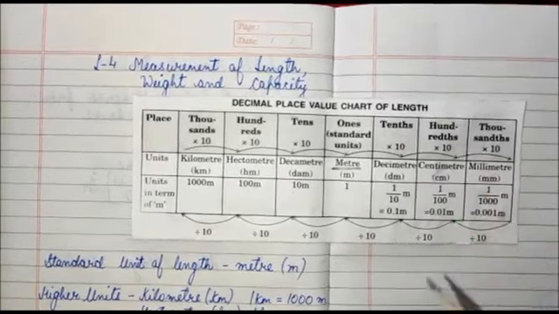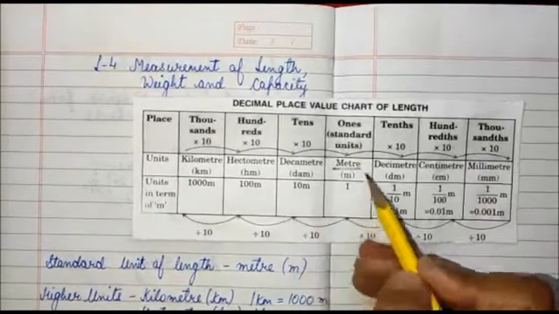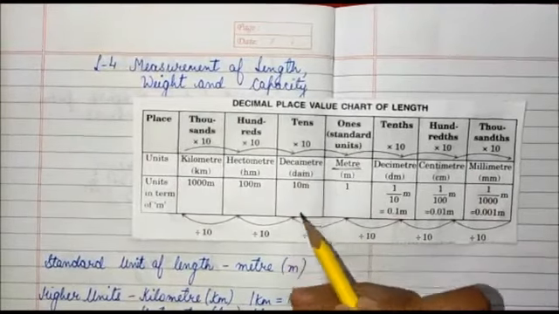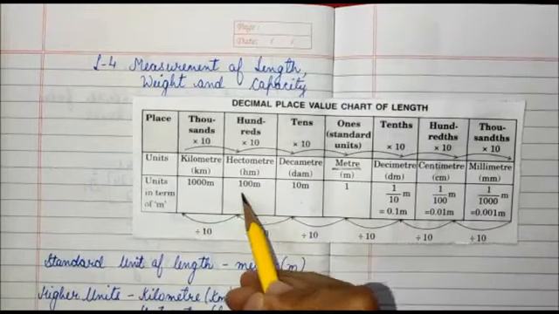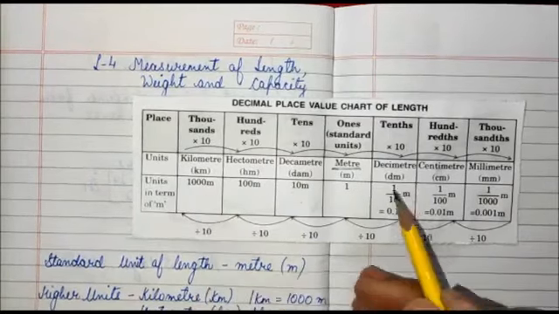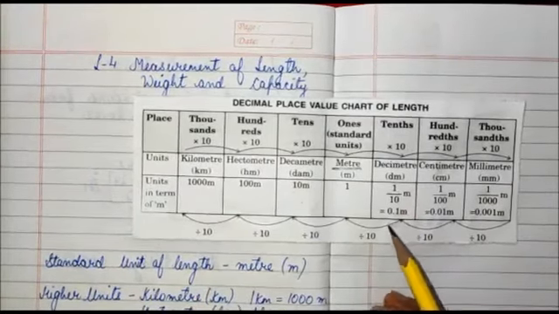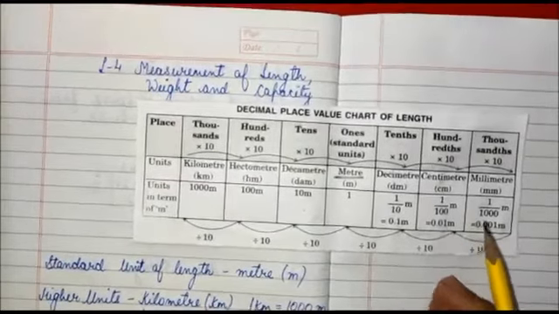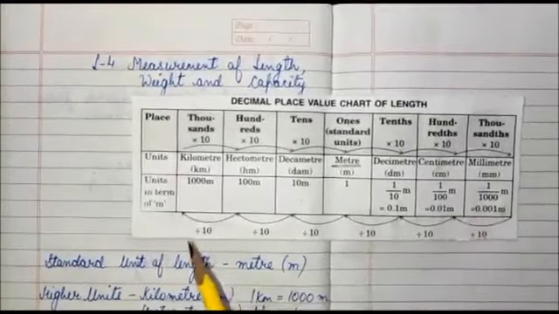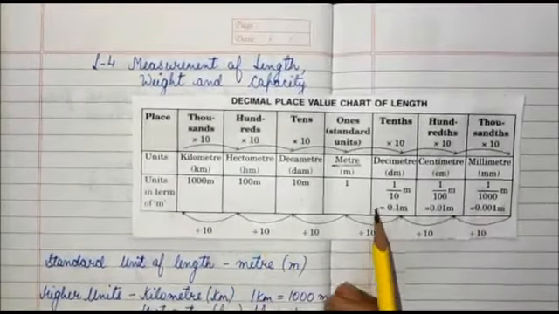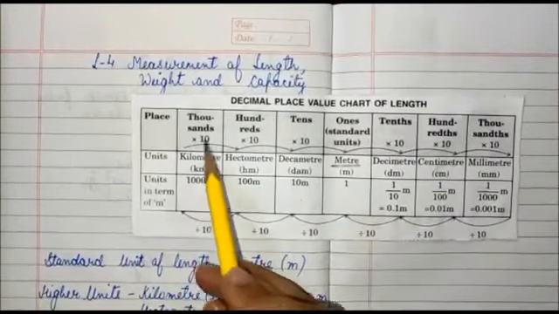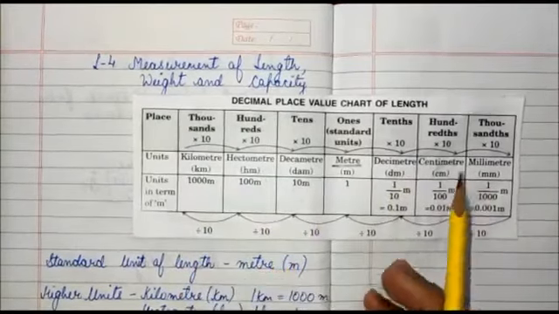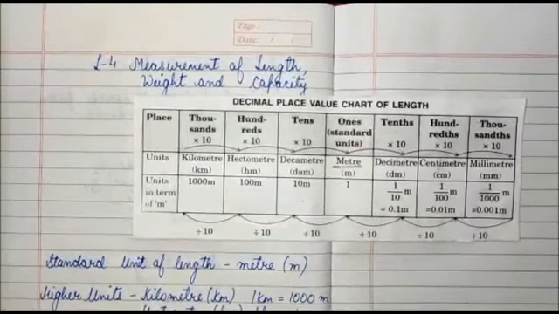So this way you can remember their values. Standard unit in the center, this is 10 meters, this is 100 meters, and this is 1000 meters. However, on the right hand side, it's tenths, hundredths and thousandths. So this way you can learn their values also, and I've already told you one trick to remember the sequence of the different units.